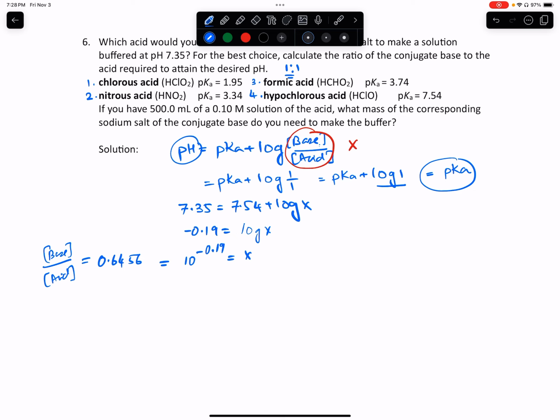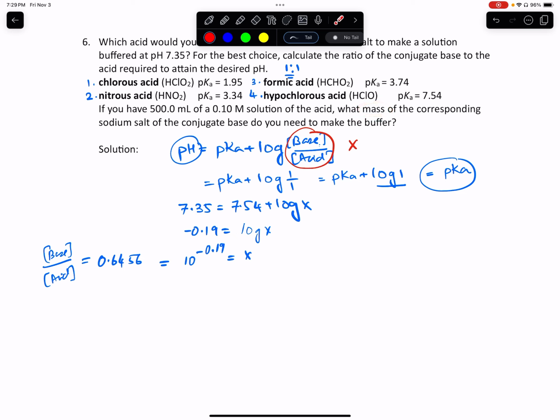Now the next part of the question is asking us, if you have 500 ml of a 0.10 molar solution of the acid, what mass of the corresponding sodium salt of the conjugate base do you need to make the buffer? To determine the mass, we need to understand that mass can only be calculated once we know the moles and the molar mass.